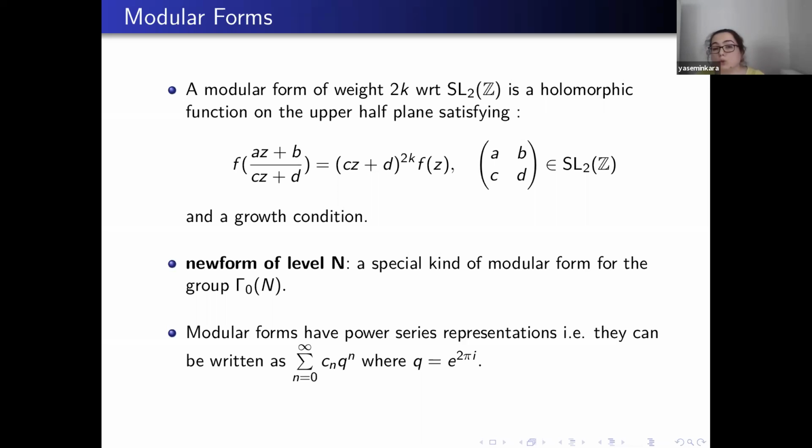Modular forms have power series representations since they are holomorphic. So you can write them as the sum of c_n q to the n, where q is e to the 2 pi i z. This is called the q expansion.